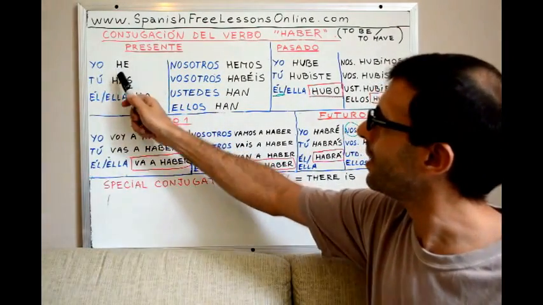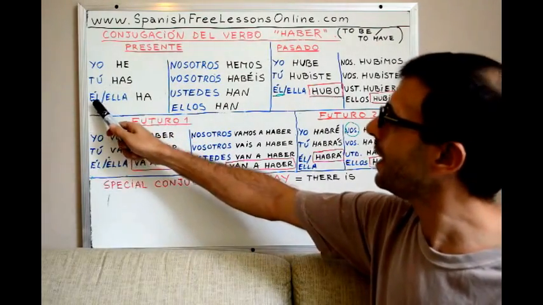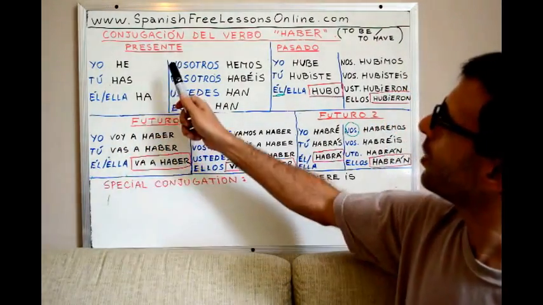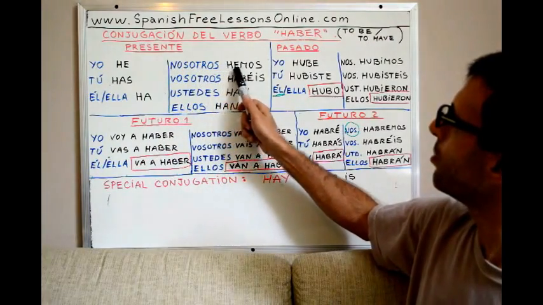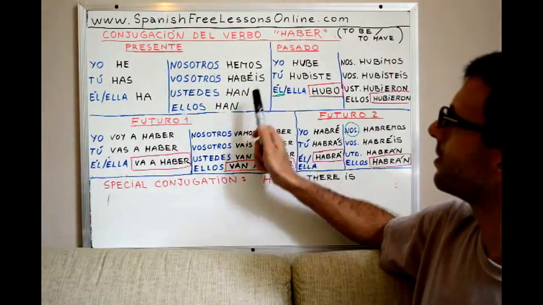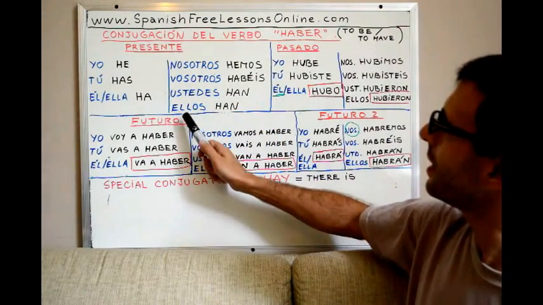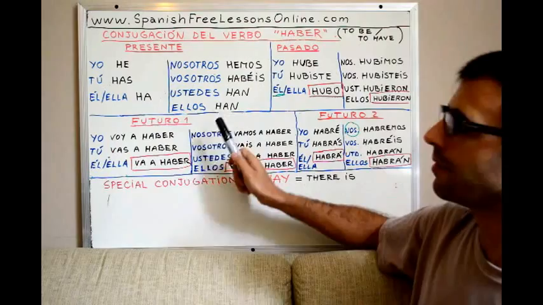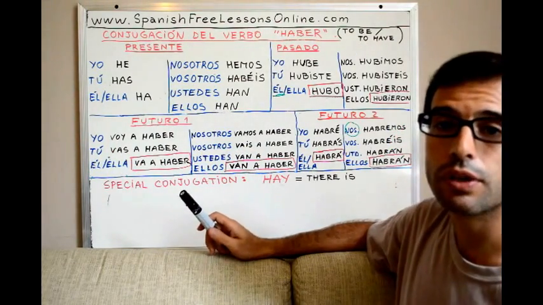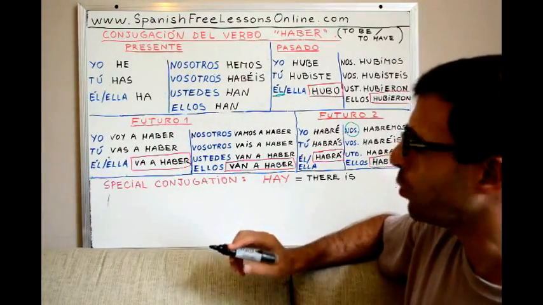Yo he, tú has, él ha or ella ha, nosotros hemos, vosotros habéis, ustedes han, ellos han. Okay?